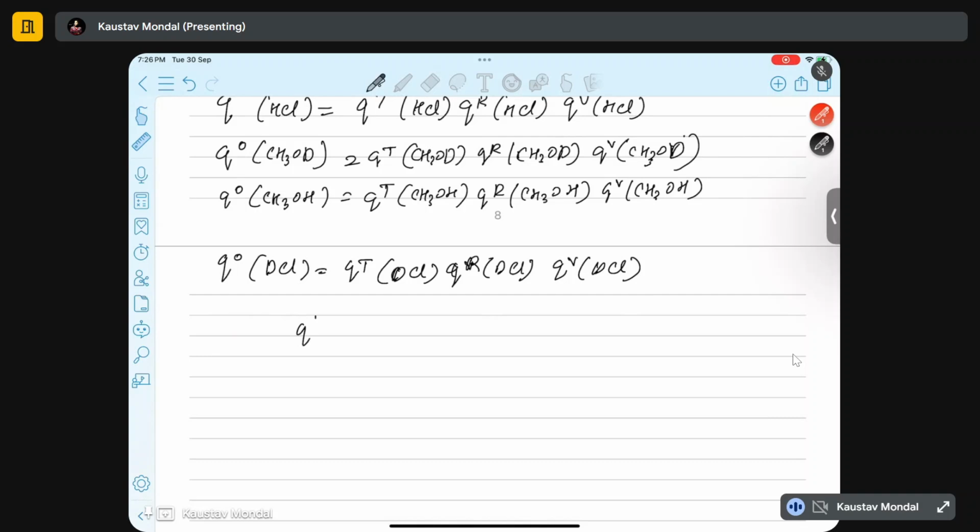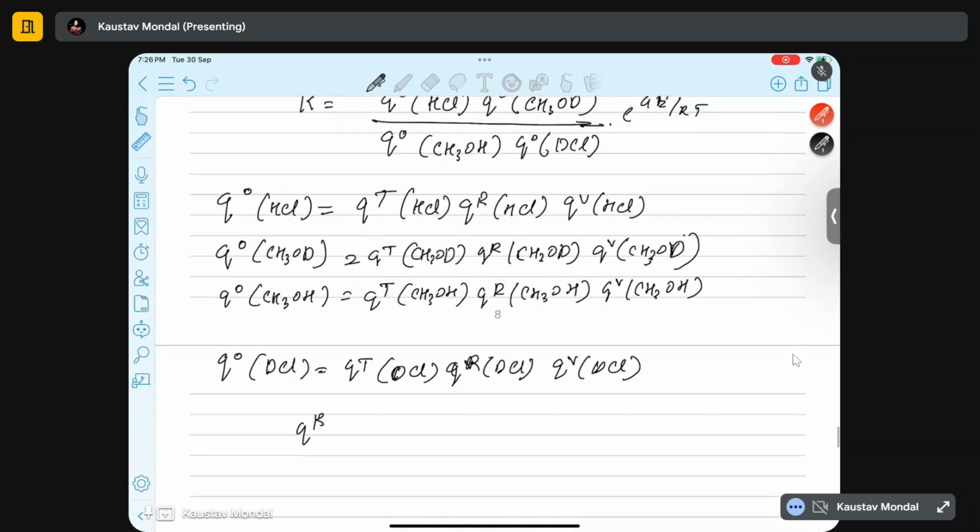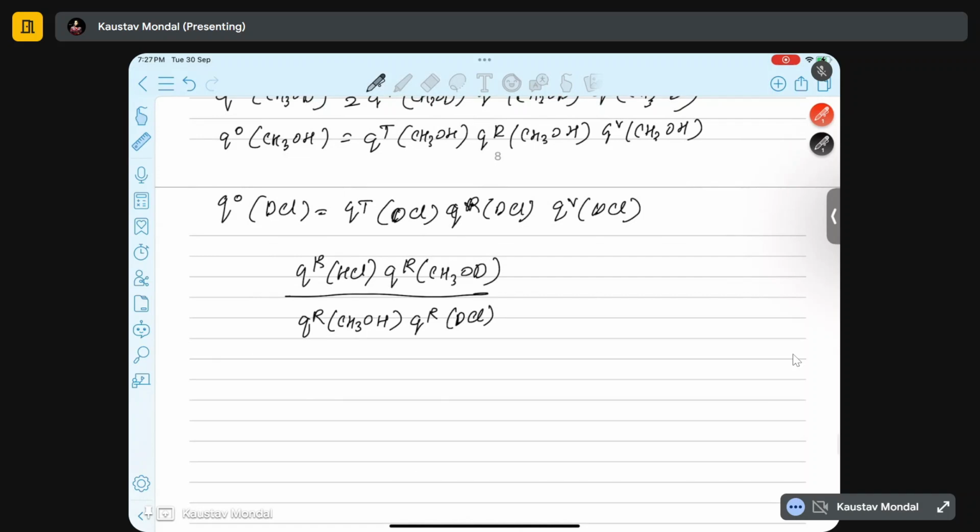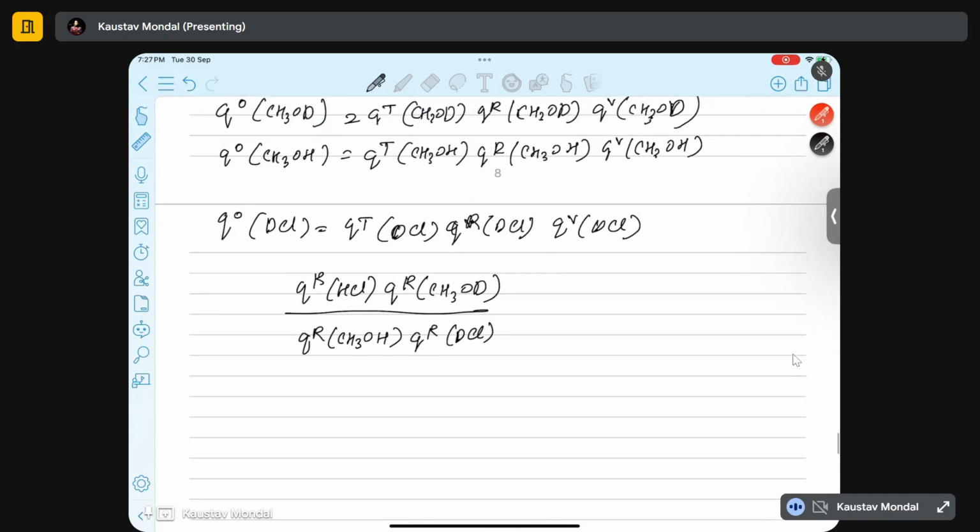Q rotational of HCl into Q rotational of CH3OD by Q rotational of CH3OH by Q rotational of DCl.